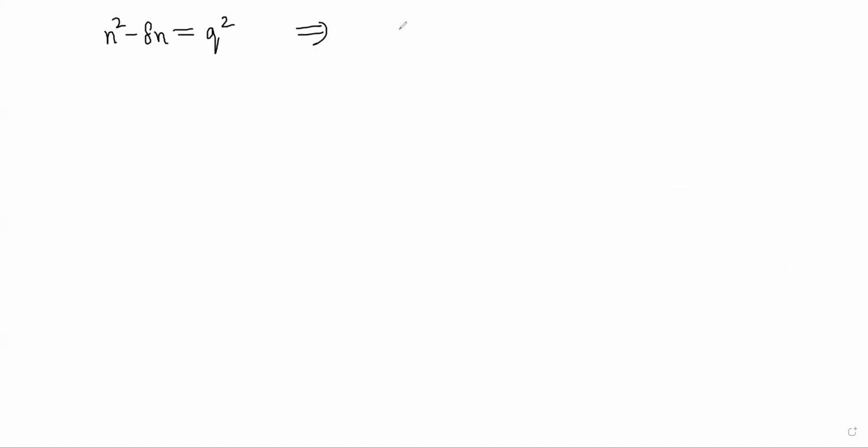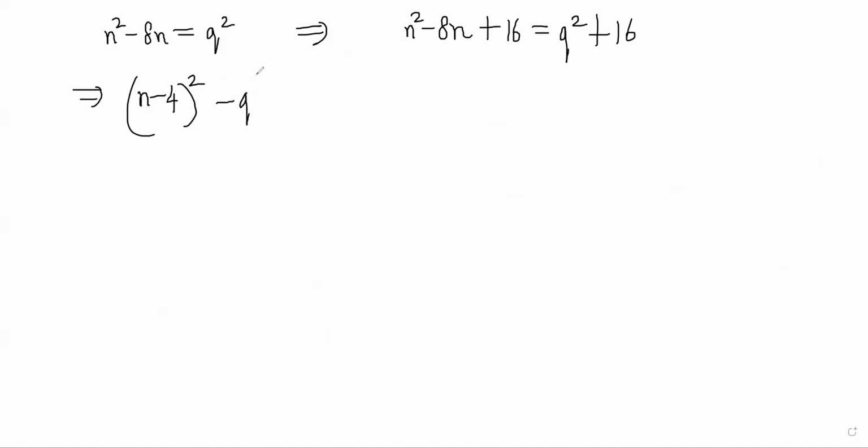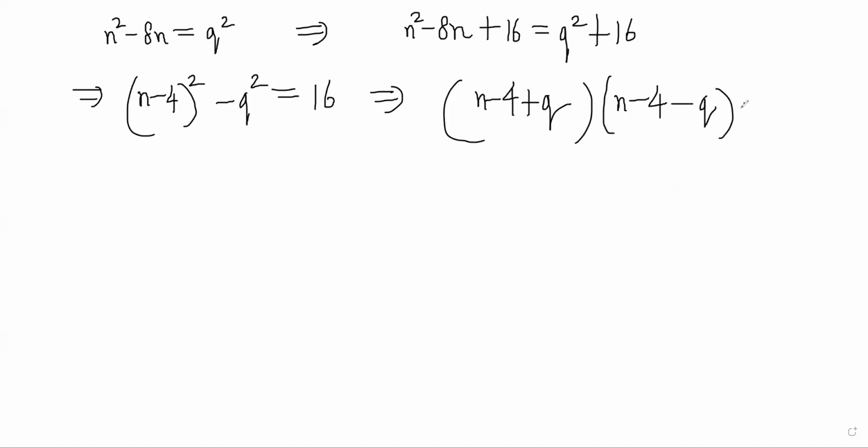So from here we can say that n squared minus 8n plus 16 is equal to q squared plus 16. And this becomes (n minus 4) whole squared minus q squared is equal to 16, which can be factorized like (n minus 4 plus q)(n minus 4 minus q) is equal to 16.